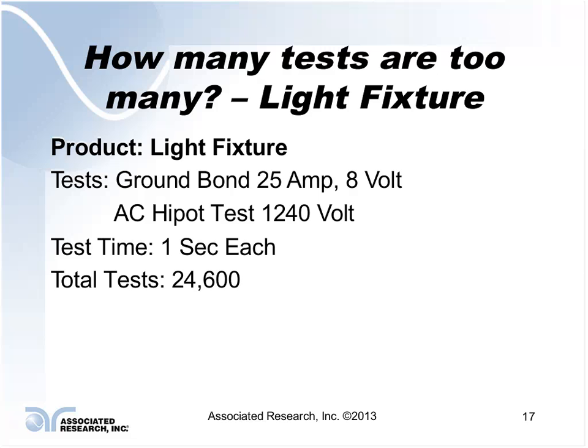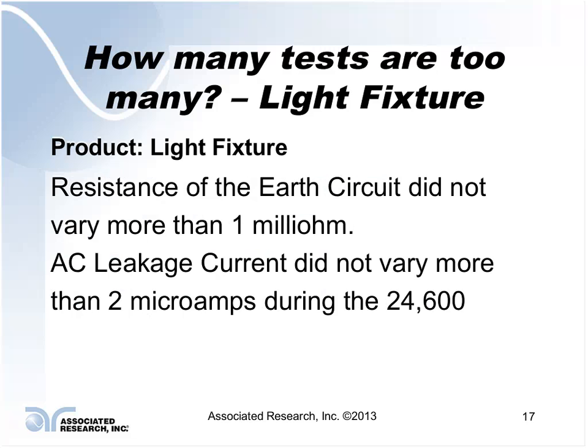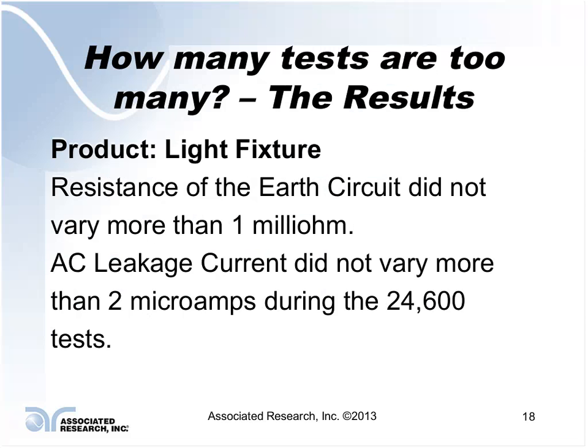We did a total of 24,600 tests on this fixture without breaking it down, and basically the resistance of the ground circuit did not vary more than 1 milliohm throughout all the tests, doing a ground bond test and then an AC Hipot test. The leakage current did not vary more than 2 microamps during the 24,600 tests.